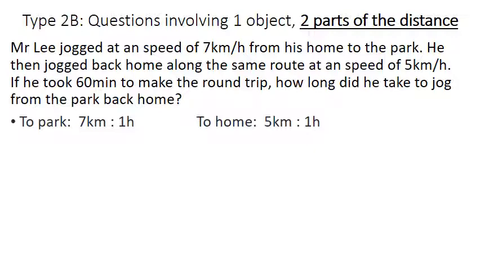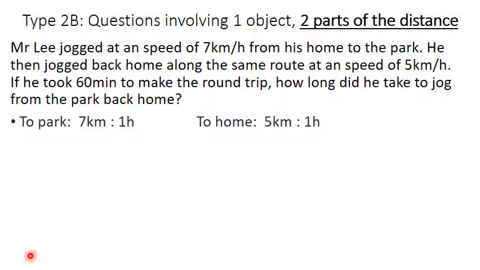Come back home in 1 hour, I can travel 5 kilometer only. But the thing is, this is the same journey, the same route. So the distance from home to park and coming back from park to home is actually the same route here.